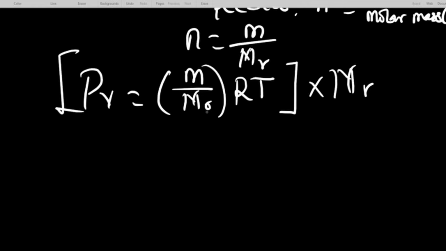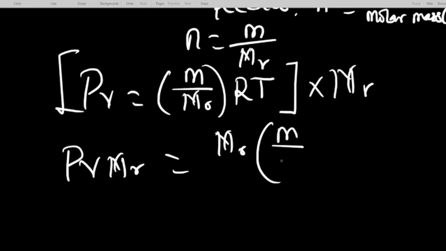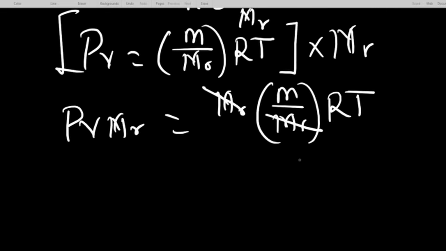So we now have PV Mr on the left, and on the right Mr multiplied by m over Mr, and we're still multiplying this by RT. Mathematically, this Mr can cancel with this one here. And what are we left with? We have PV Mr equals mRT.